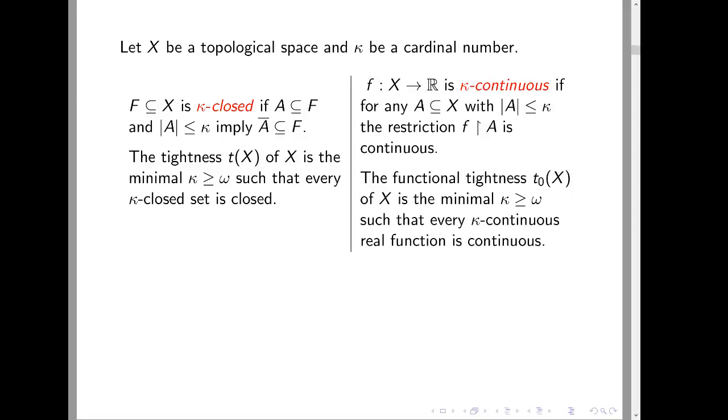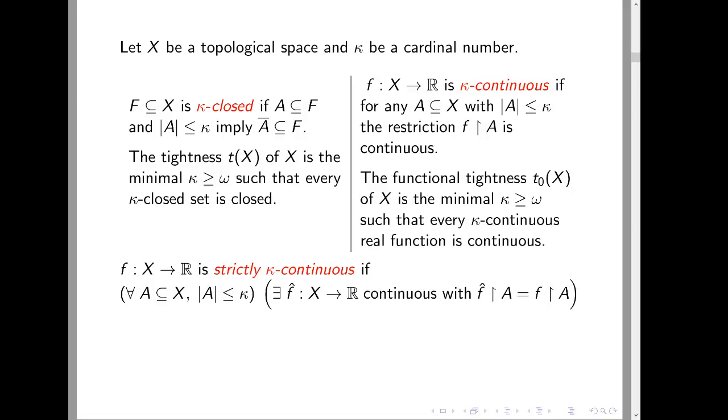But as I said, the main interest in studying this cardinal function comes from the theory of function spaces. And in the theory of function spaces, there is a related notion which is also very important, so let me mention this here.